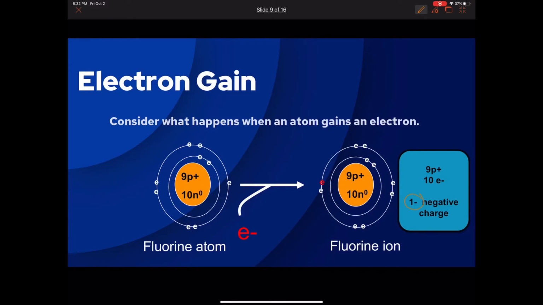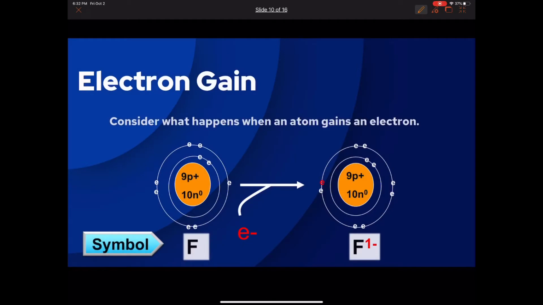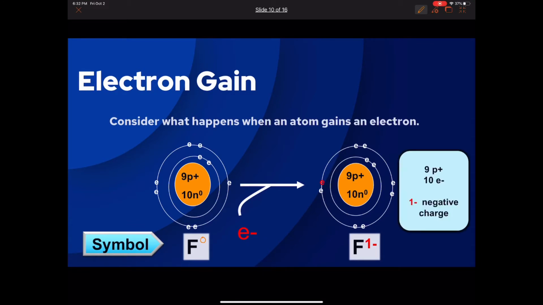So when you write the symbol for the atom versus the ion, they do look different. The atom has a neutral state because there is no discrepancy between the positively charged protons and negatively charged electrons. But for fluorine, the ion, there is a negative 1 charge associated with the symbol now.